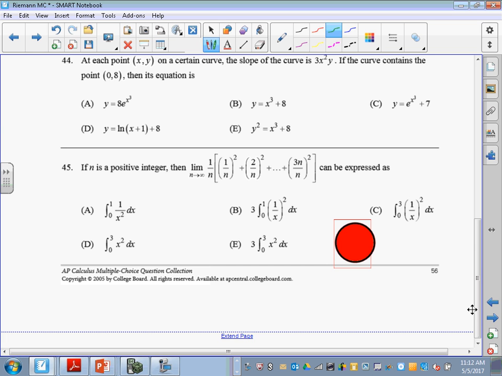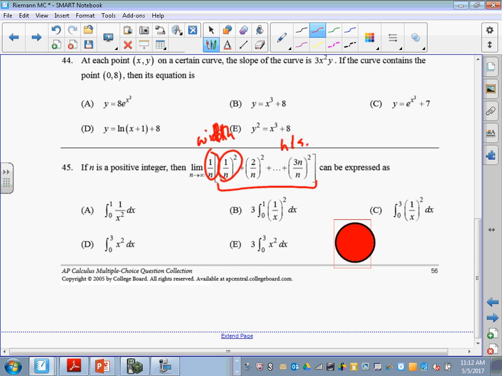So the way that I see it, if you want to get this real quickly, n is going towards infinity, and these are all of the heights, and this right here is the width. Those are each of the widths, right? Are we good with that?